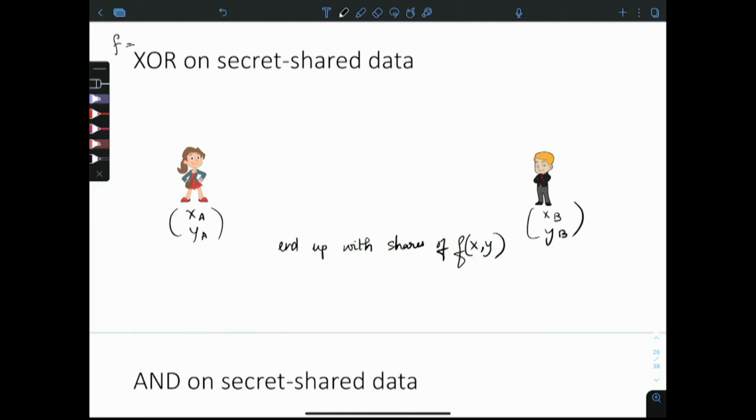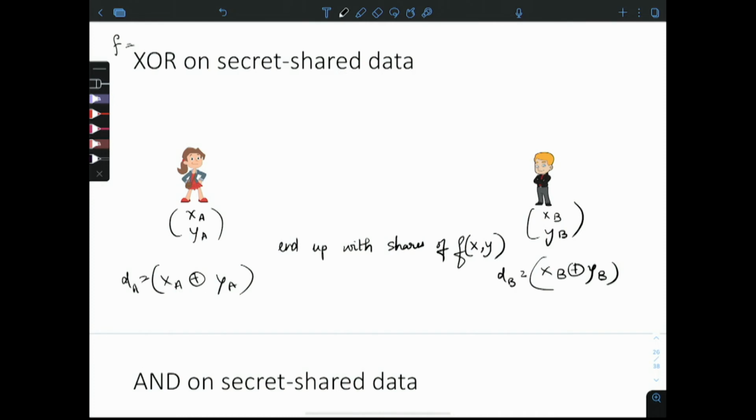Now this is really simple. Alice XORs her own shares, Bob XORs his own shares, let's call the results dA and dB. Note that dA and dB together XOR to X XOR Y, so these are shares of X XOR Y.